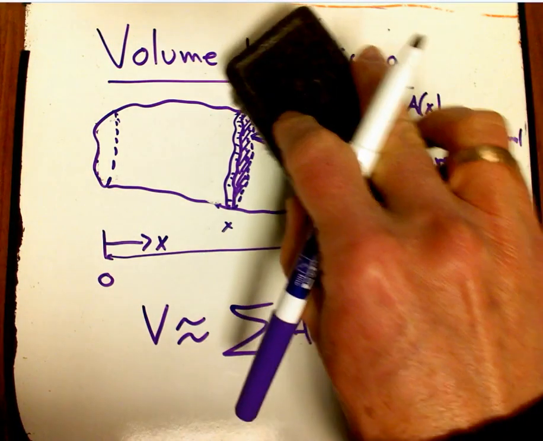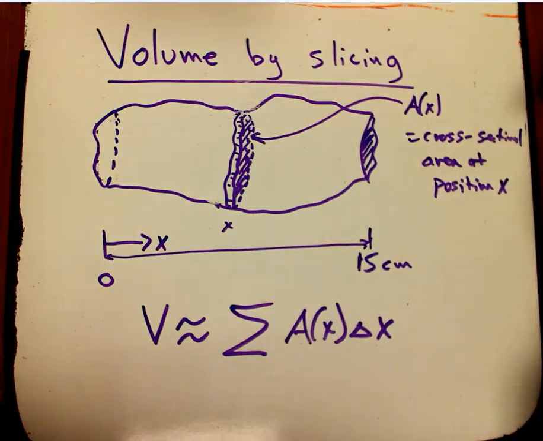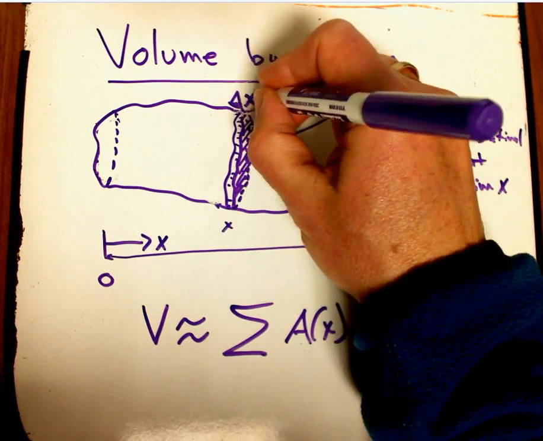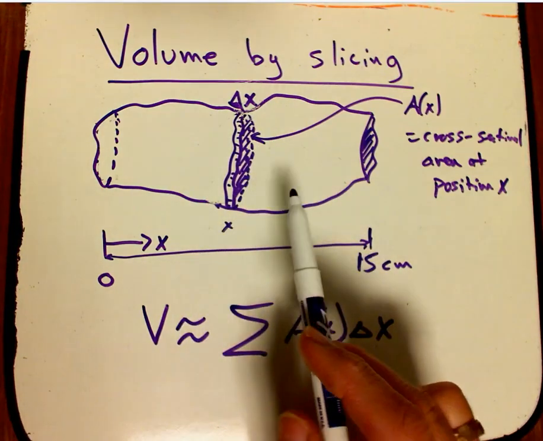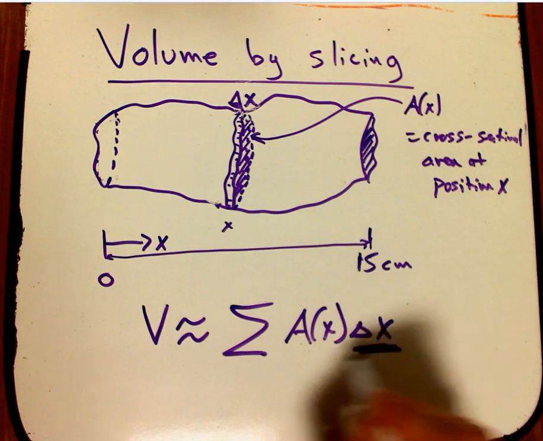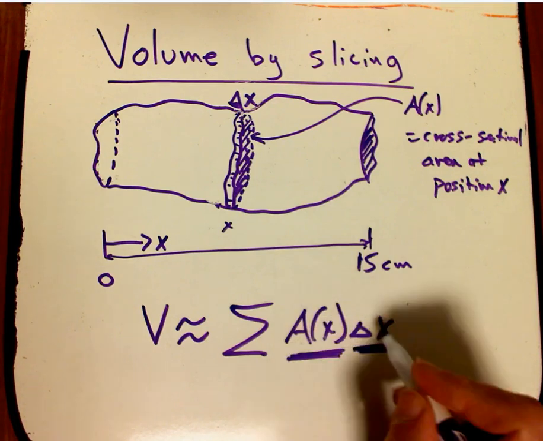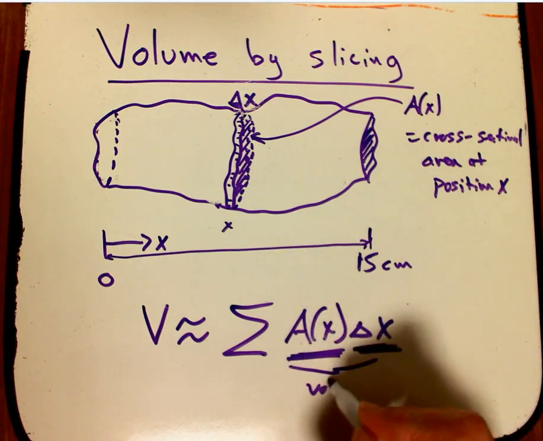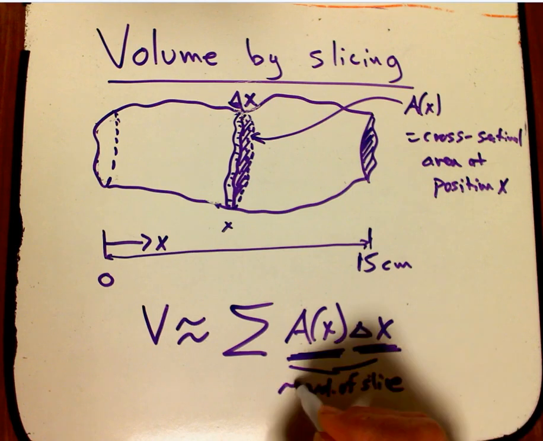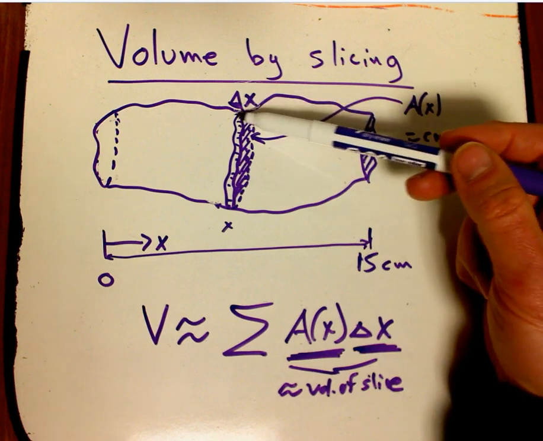So instead of this idealized infinitesimal slice, I'm not going to redraw it. Let's say it actually has an actual finite width, but fairly small. And then I still calculate the thickness of the slice times the cross-sectional area. That's still going to be the volume of the slice. Well, approximately, because I'm assuming that this thing is a perfect cylinder.